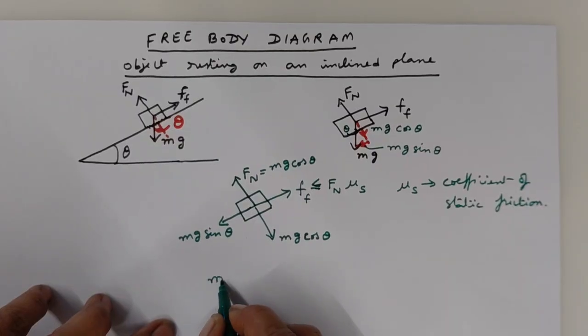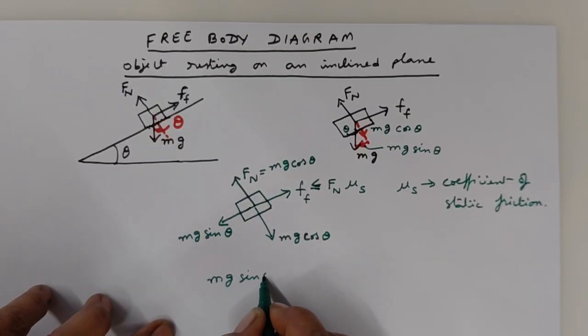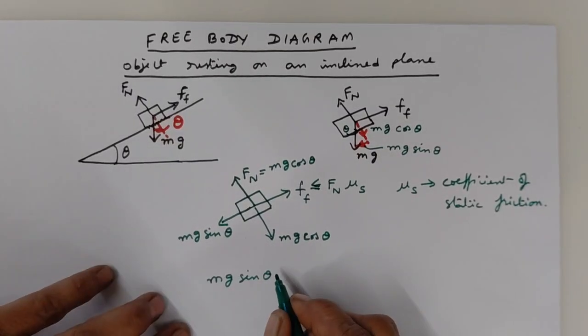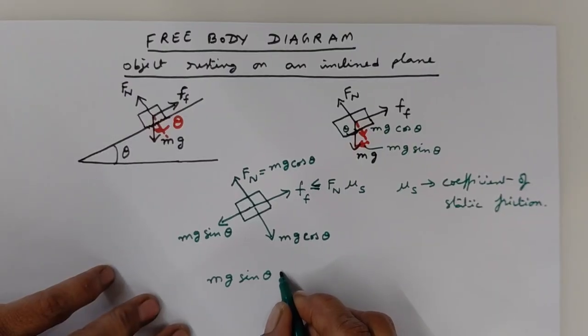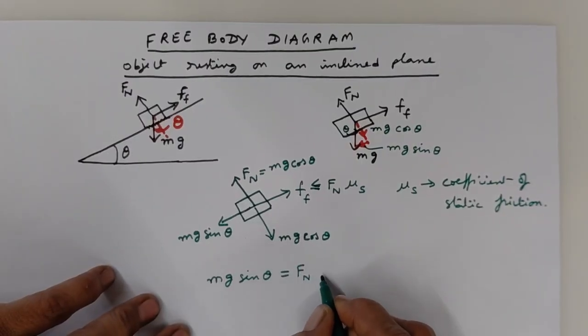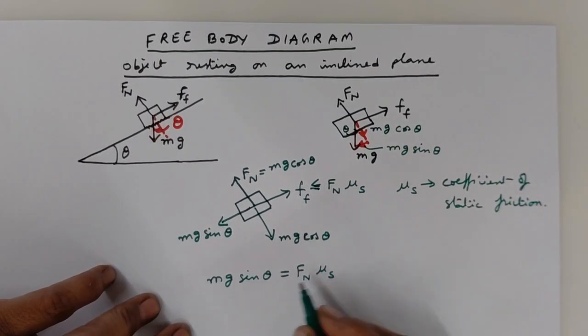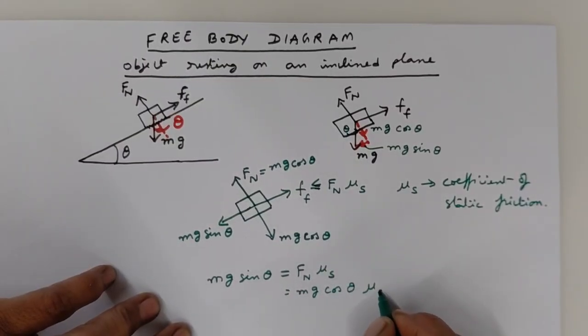That is mg sin theta is equal to Fn into mu s, and Fn is mg cos theta. So mg cos theta into mu s.